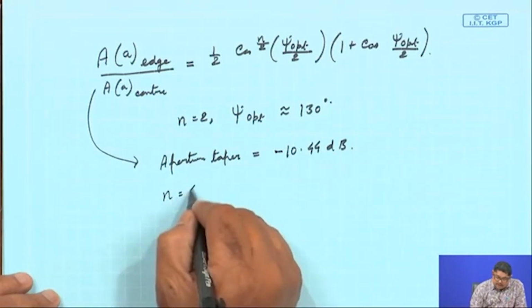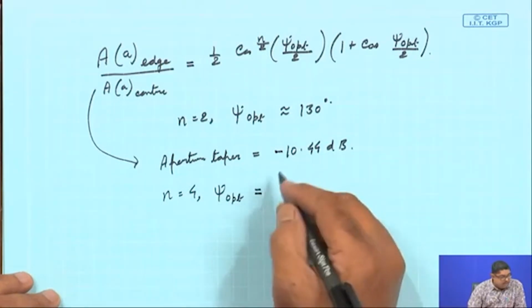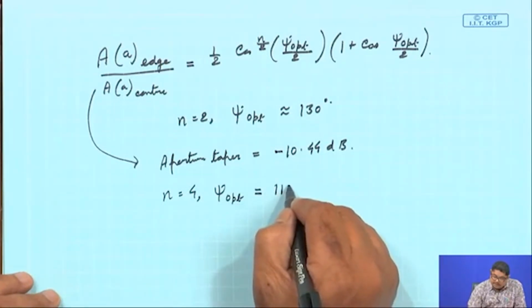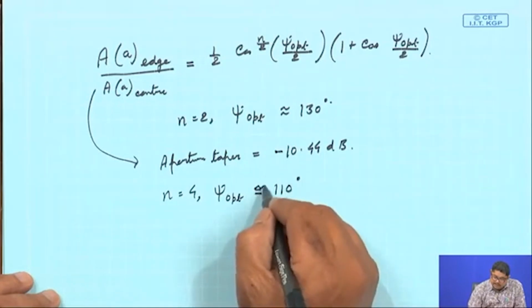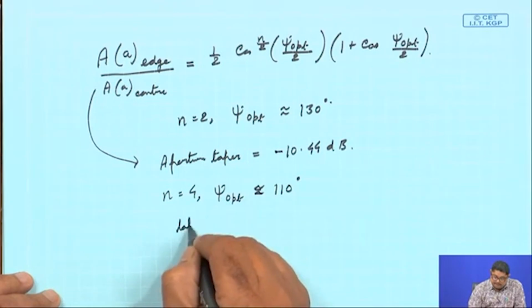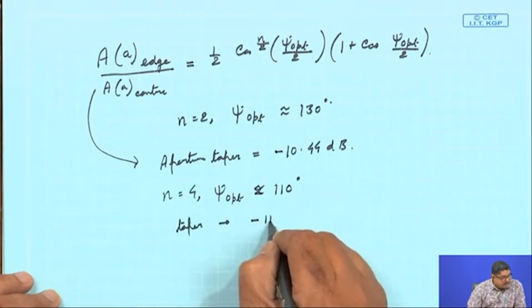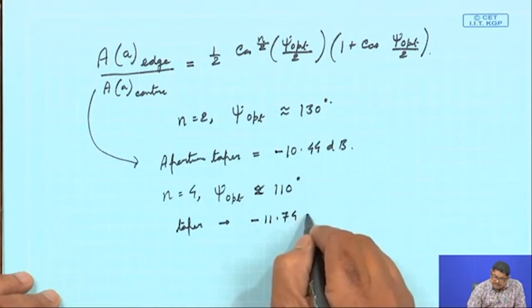For n is equal to 4, the optimum angular aperture is from that graph 110 degree. So, taper is minus 11.74 dB.